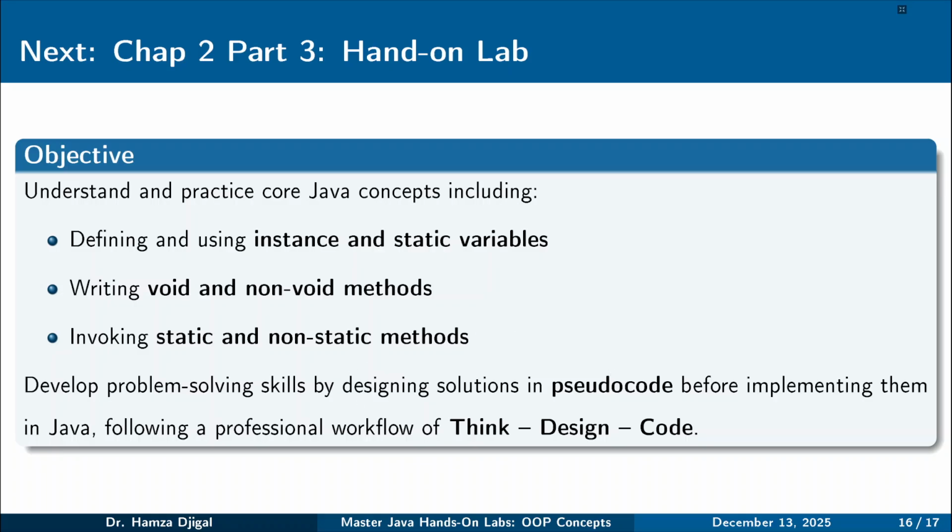That means we'll first write the procedural code, then we implement it in Java code. So thank you, and see you in part 3, which will focus on the practical side of this notion: mainly the instance variable, void and non-void methods, and static and non-static methods.